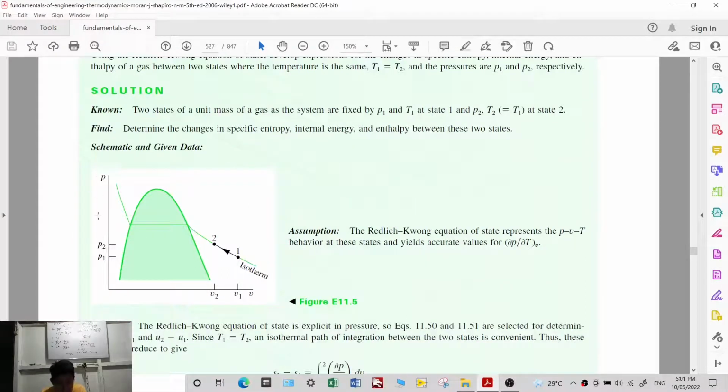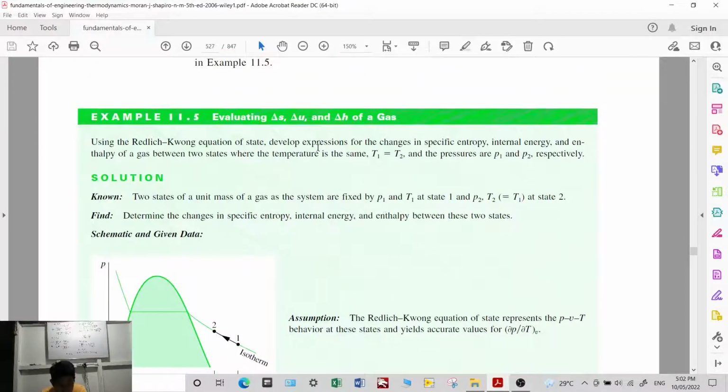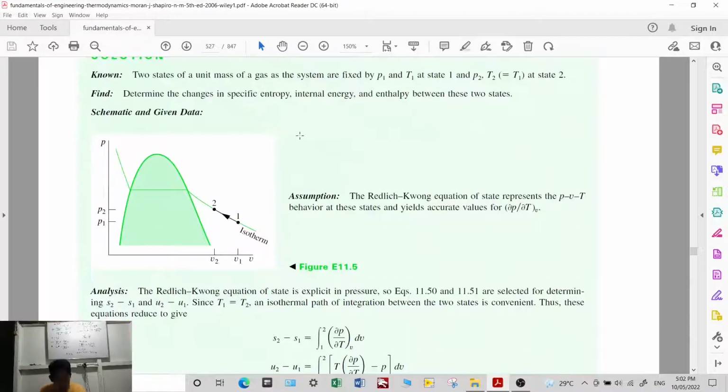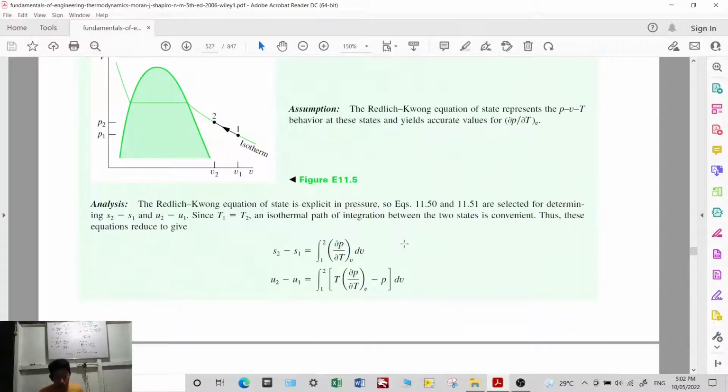This is the schematic of a constant temperature process from 1 to 2, and we are going to find the change in entropy. So we will use this equation.